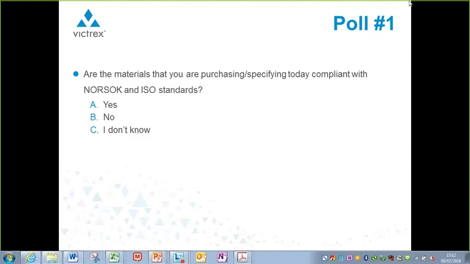Yeah, absolutely. I think that now this has become a kind of a prerequisite, really, for selling into the industry, and that's why I think it's important that we all understand what the test results actually mean.